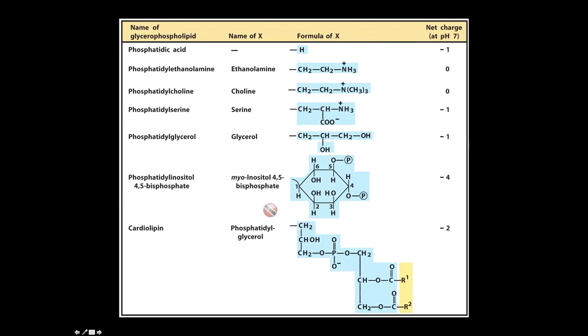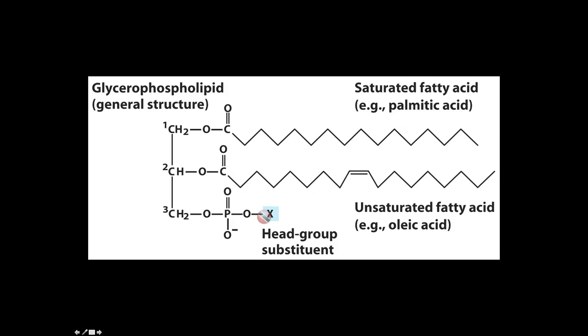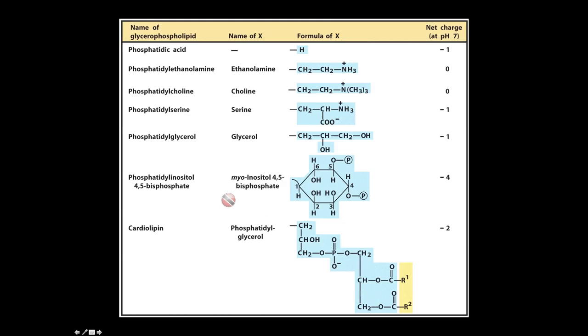Remember, this X will represent several groups. As I said before, if X is hydrogen, it will be phosphatidic acid, or phosphatidate. If instead of hydrogen the X group was a choline group, then it will be phosphatidylcholine, and so on. These are some of the common glycerophospholipids present.